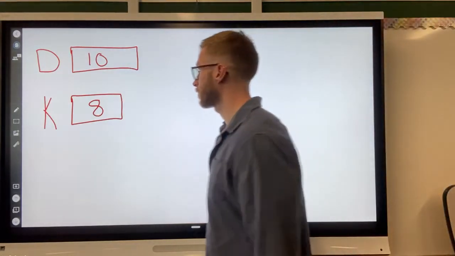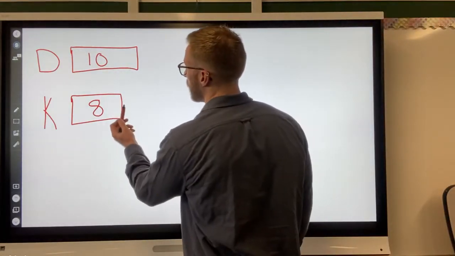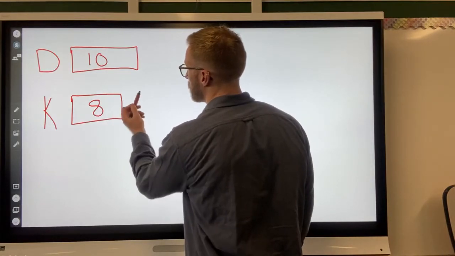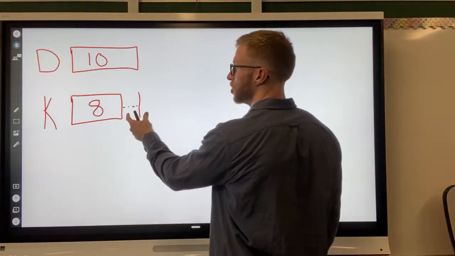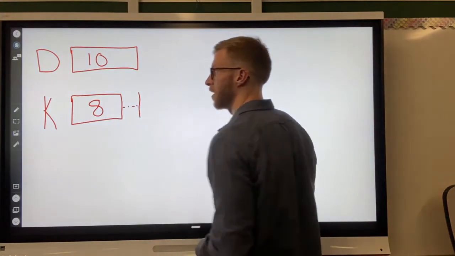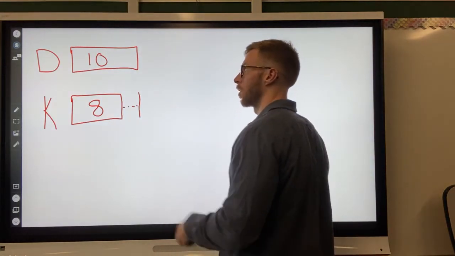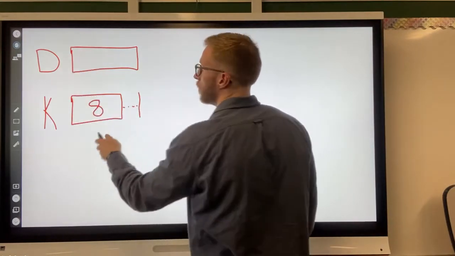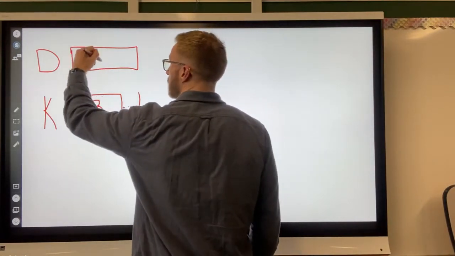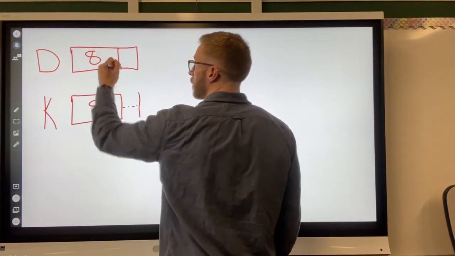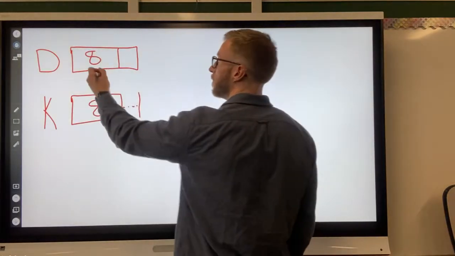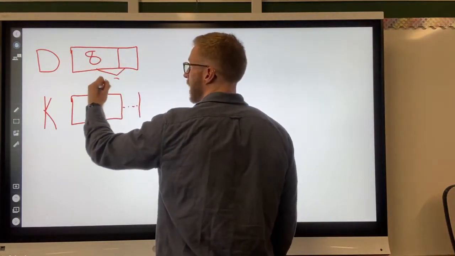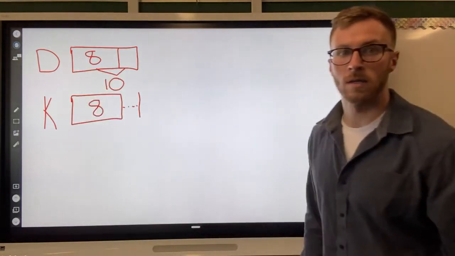So we need to figure out this space here. She was able to cut it down that much. Or we could say this. We know Kiana's 8 is in here. And then we have this much left to make the 10 minutes that Darnell walked.